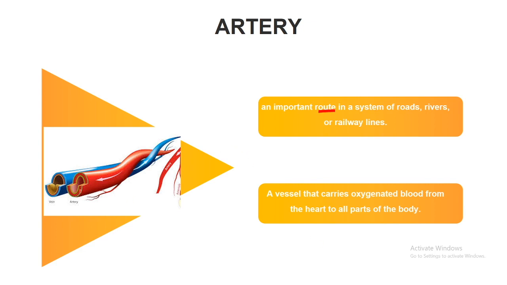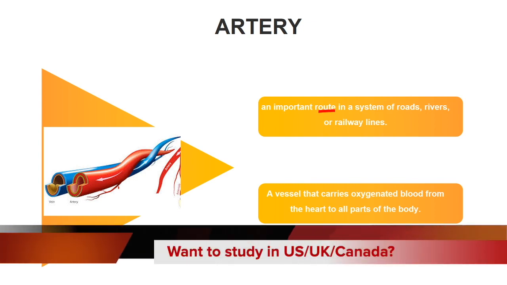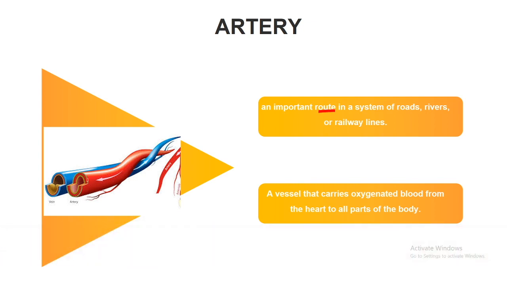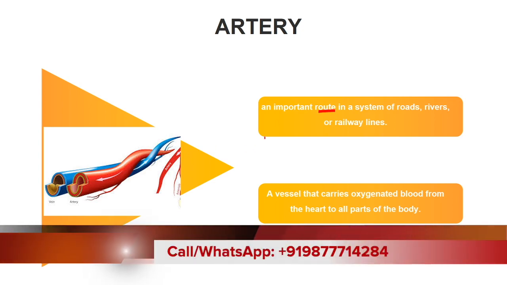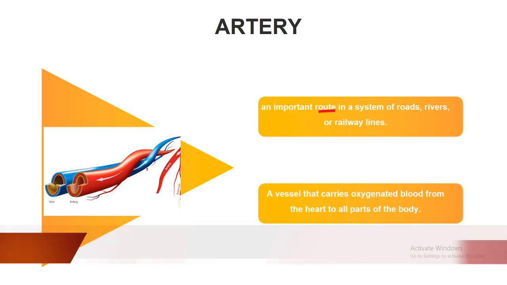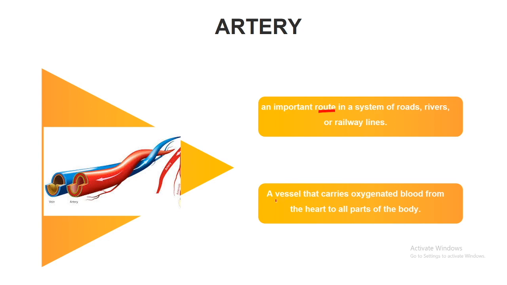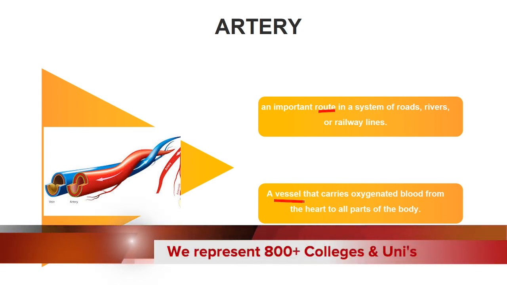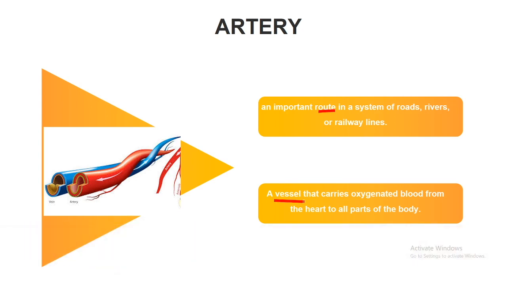Now, this image is not the actual image from what is referred to in the passage, but artery has two meanings. We have two meanings. One is obviously a route, as we have discussed. The other one is a vessel that carries oxygenated blood from the heart to all other parts of the body. So basically, your veins and arteries, the nerves that you see on your arms, those are basically arteries.